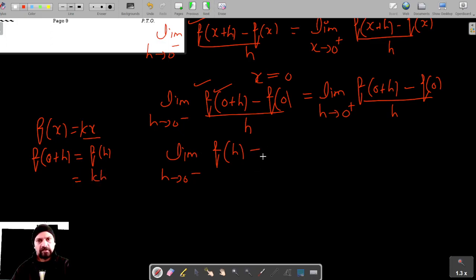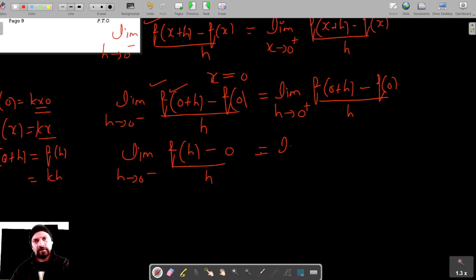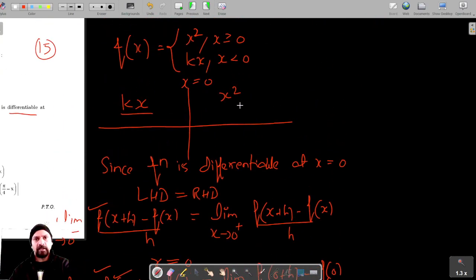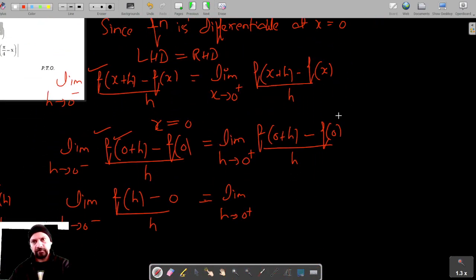So this is kh minus f of 0, and f of 0 for the left hand derivative is k into 0, which is 0, upon h. And for the right hand derivative, the value of the function is x squared, so this is f of h minus f of 0, which is 0, upon h.